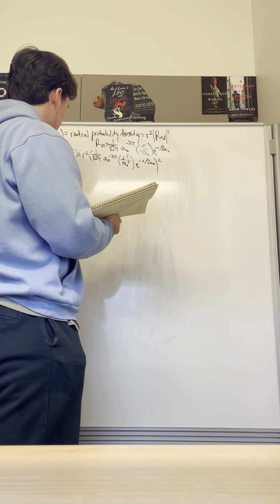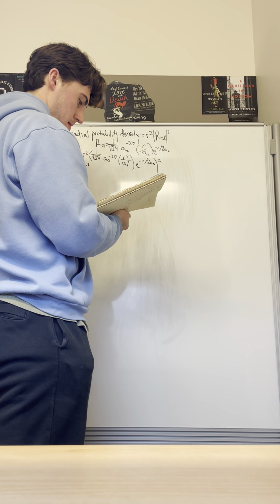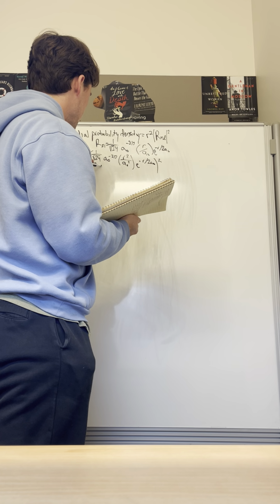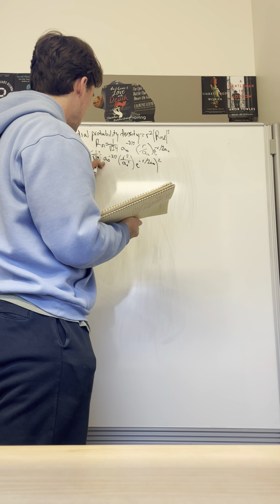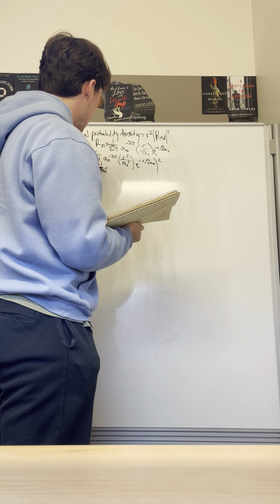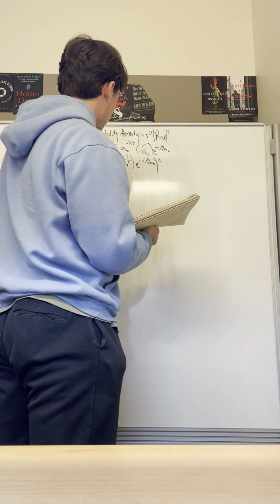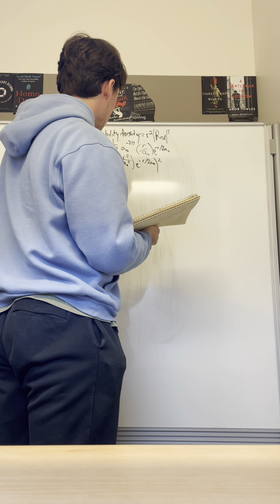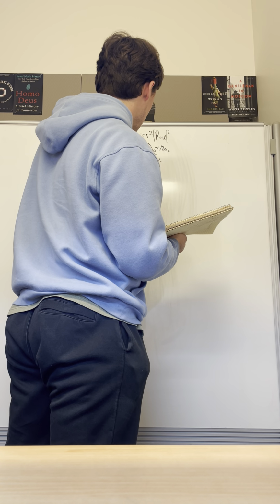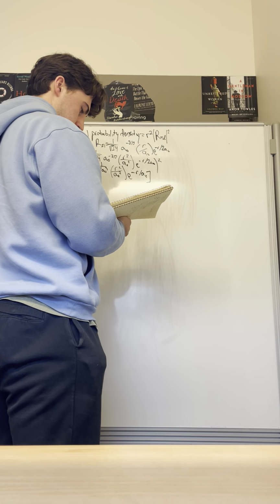And then simplifying this, we get r squared times 1 over 24 a naught cubed, times r squared over a naught squared, e to the negative r over a naught. And then we can further simplify that.